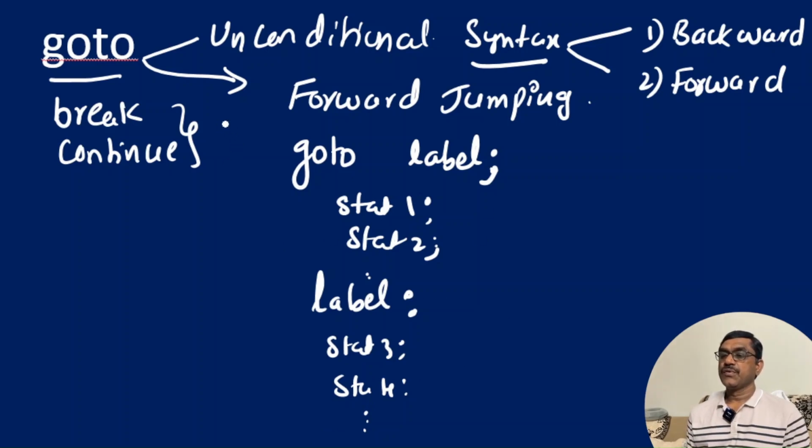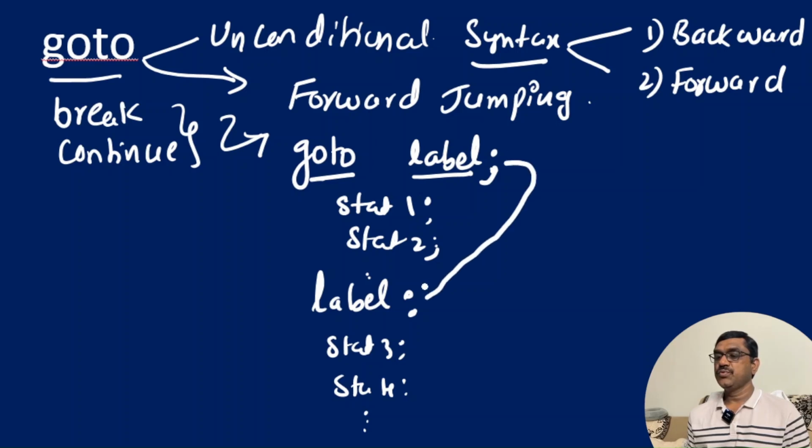Now, whenever the flow of control encounters the goto statement, goto label, directly from this statement the control is jumped to the label, and it is going to execute statement 3, statement 4, which follow the label colon. And what about statement 1 and statement 2, which are available between the goto label and the label?